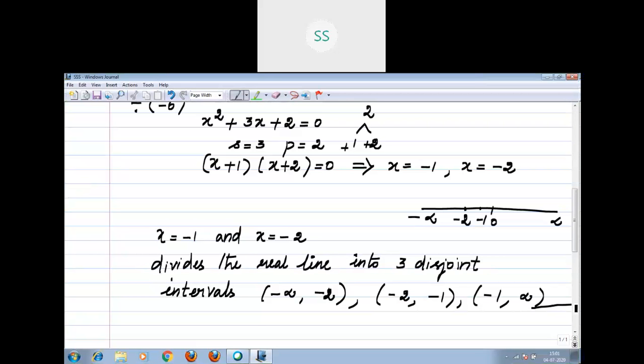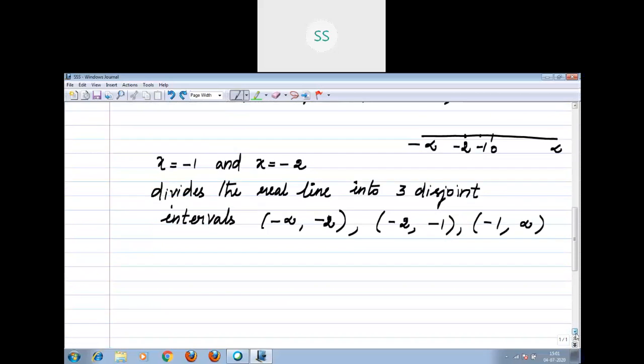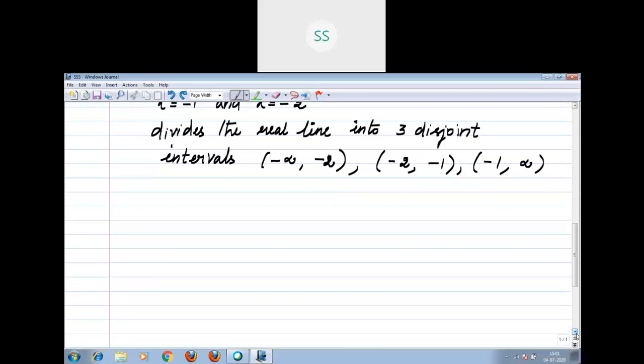Now we'll pass on to the tabular column, right? See here, the first heading is intervals. The second heading, I told you, is sign of f dash of x.